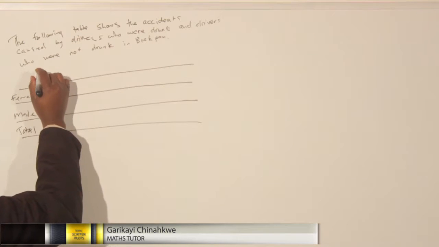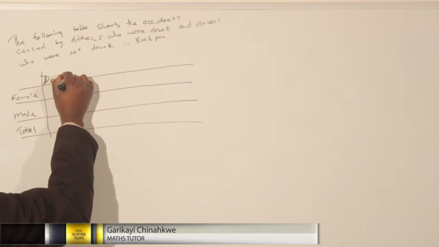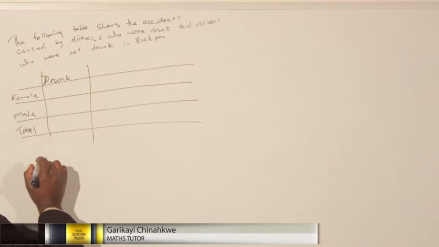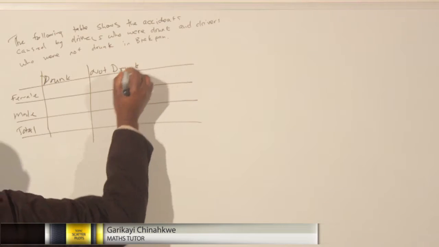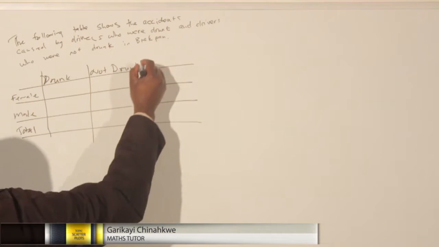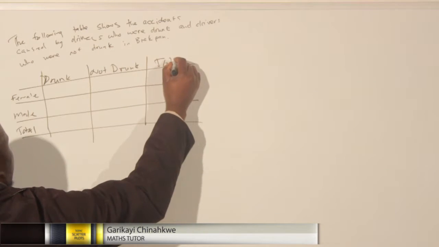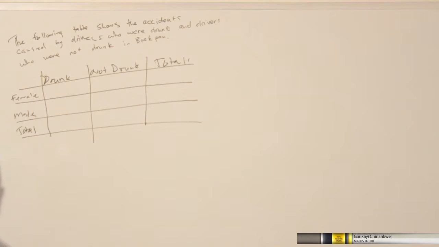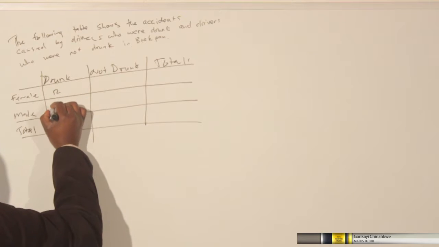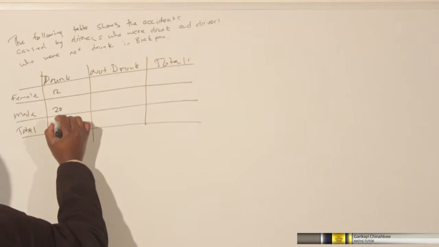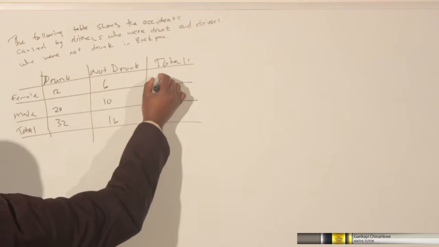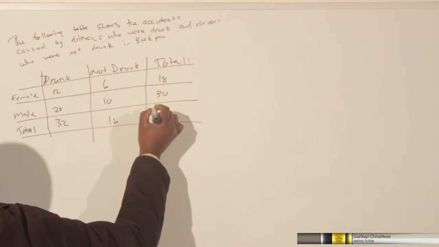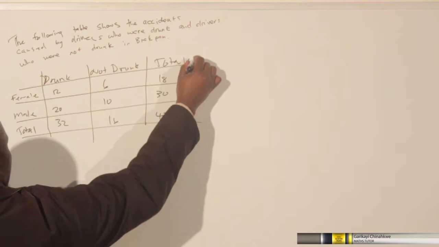Drunk, not drunk, and total. Then we've got 12, 20, 32. We've got 6, 10, 16. Then we've got 18, 30, 48.